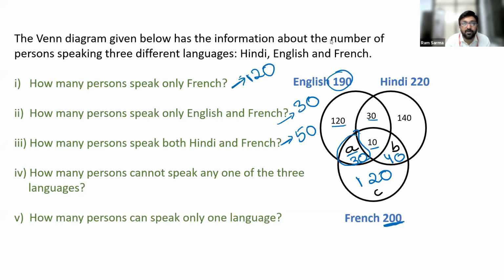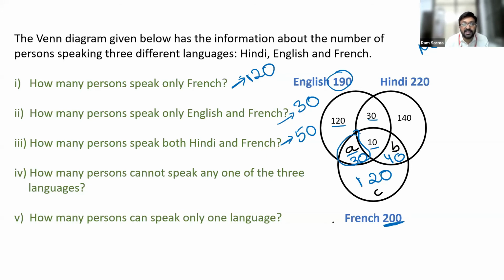Are you given the total number of students or total number of persons in the locality? Good. The value of n is not given. You should be given either the value of n or the value of mu. Without knowing either of these, we cannot answer this question. Clear? So the answer for the fourth one is cannot be determined.